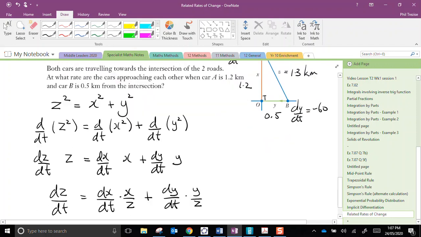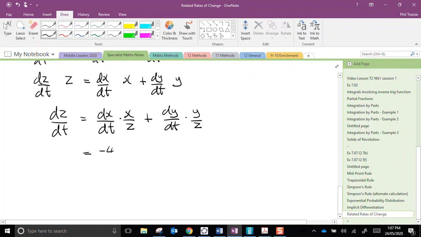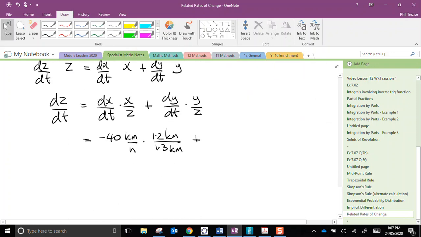We said dx dt was negative 40 kilometres per hour. X was 1.2 kilometres. Z was 1.3 kilometres. dy dt was negative 60 kilometres per hour.